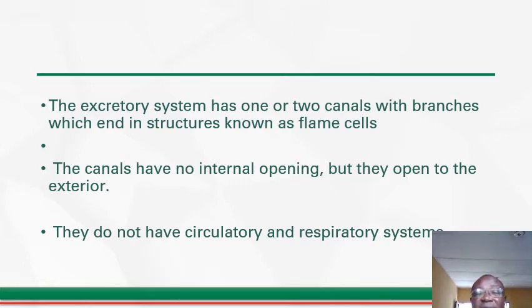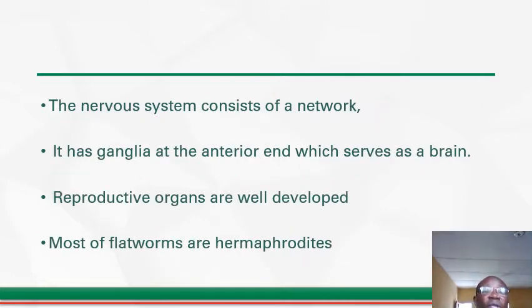These platyhelminths do not have a circulatory or respiratory system, despite the fact that their tissues are organized into organs. The nervous system consists of a network, and it has what we call ganglia at the anterior end, that is toward the head, and this serves as a brain.